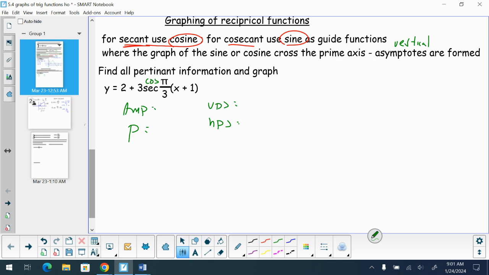Write down your pertinent information. What's the amplitude, period, vertical, horizontal phase shift? Check your answers with somebody around you.